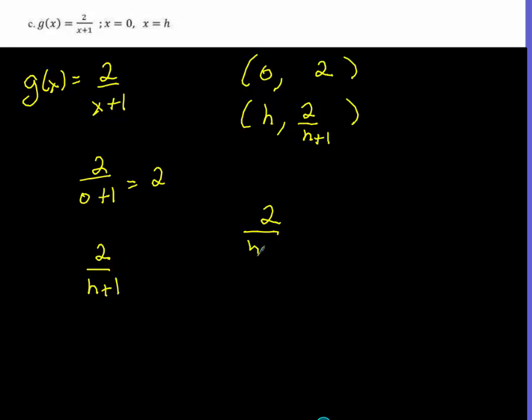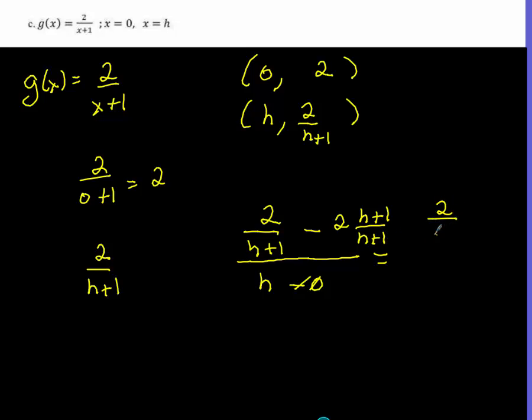Well, we're going to do 2 over h plus 1 minus 2, right? That's g(h) minus g(0) over x2 minus x1, so minus 0, which I don't really need to put, right? Well, I know in this case, this looks like something we've done before. I have to get a common denominator. Well, my common denominator would have to be multiplied by h plus 1 over h plus 1.